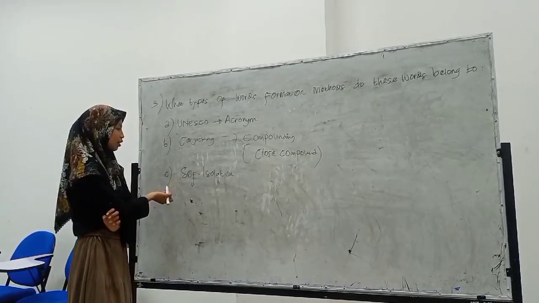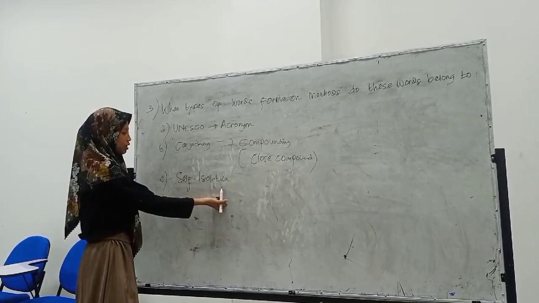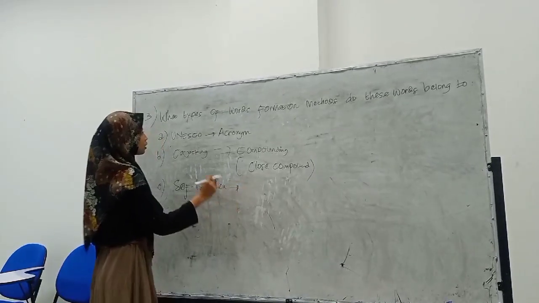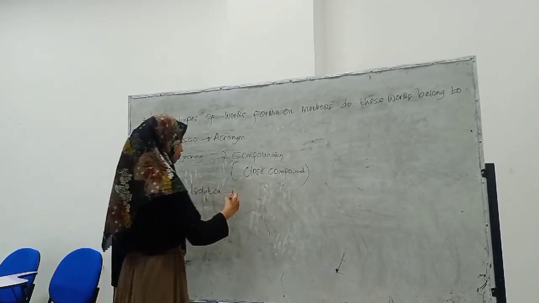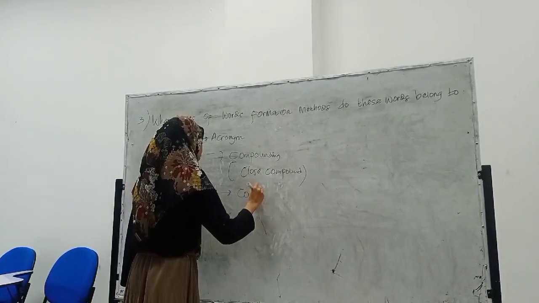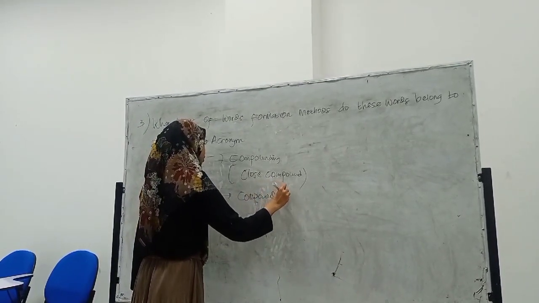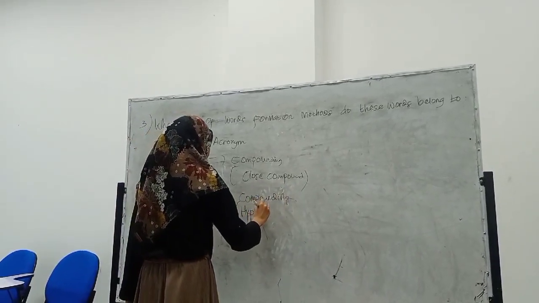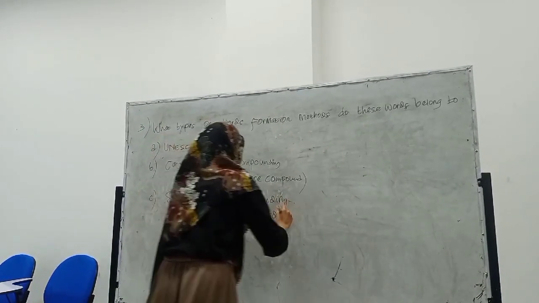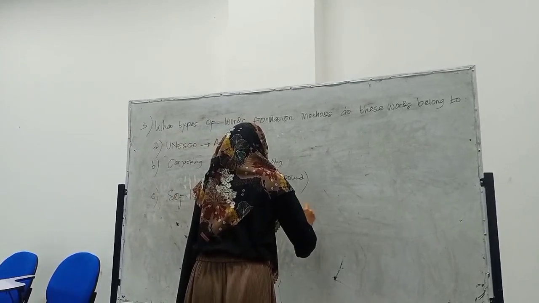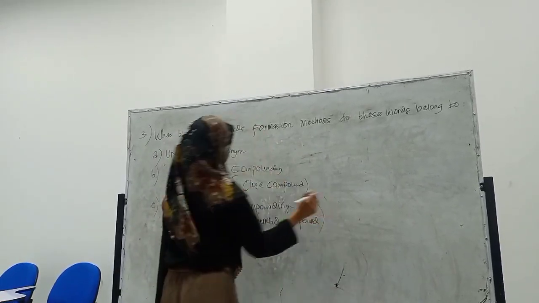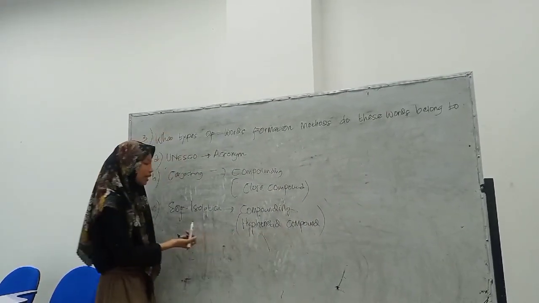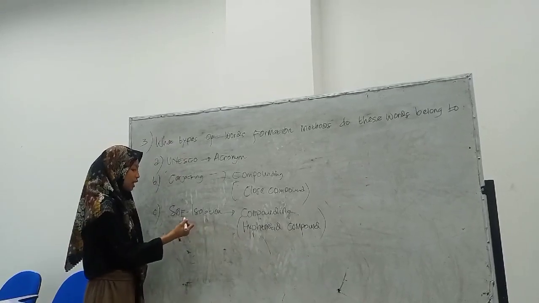Type C is self-isolation. The word formation of self-isolation is compounding, which is a hyphenated compound. Why is self-isolation a hyphenated compound? Because we can see in the word there is a hyphen.